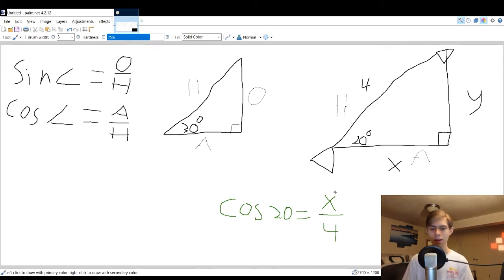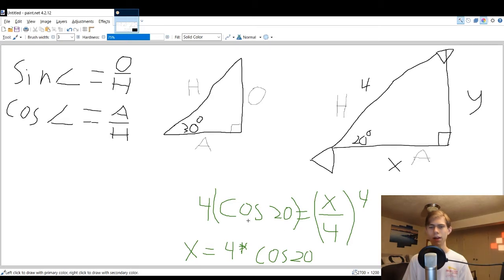Next, we multiply both sides by 4, because we're going to isolate x. So x would equal 4 times the cosine of 20.